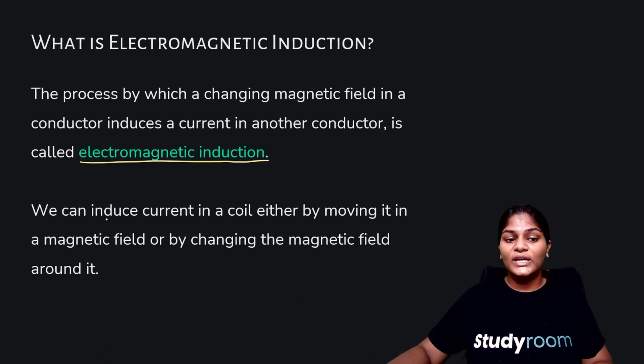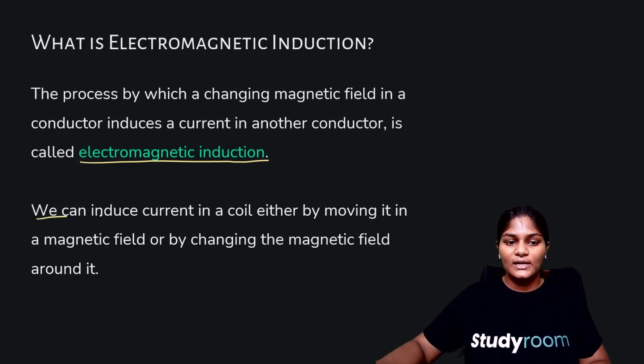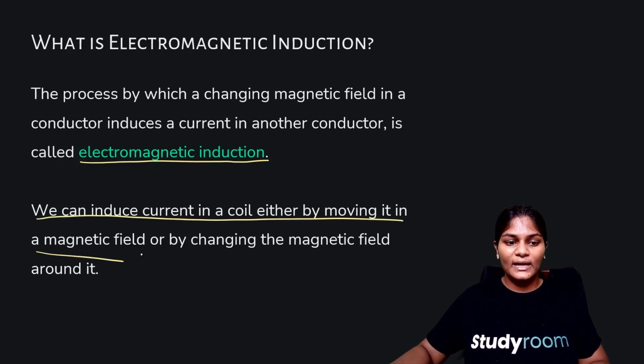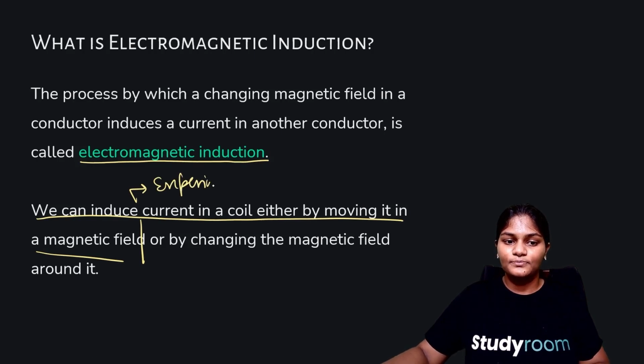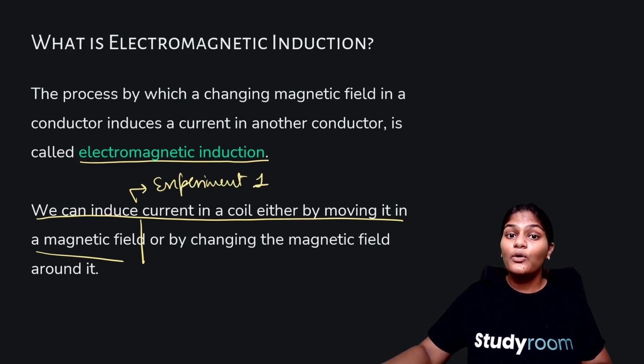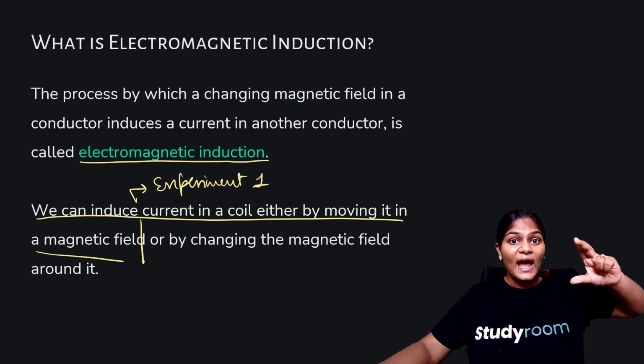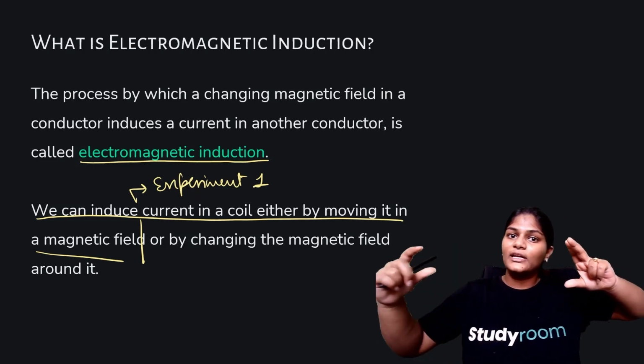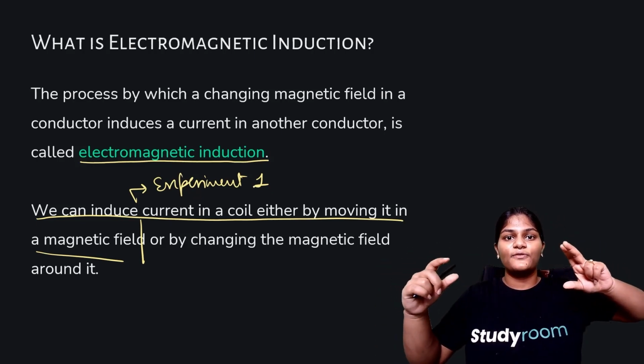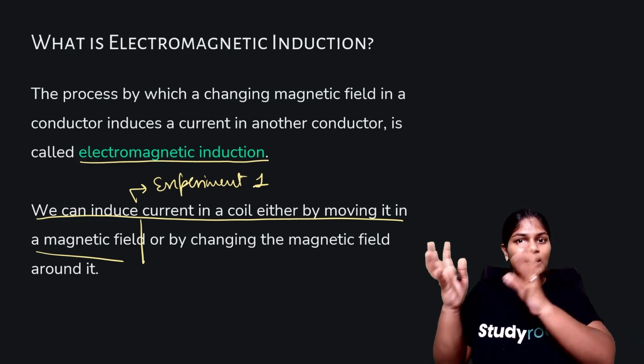Okay, so we can induce current in a coil either by moving it in a magnetic field or by changing the magnetic field around it. So this part, moving it in a magnetic field, is experiment 1 that we did. How? Because we had a coil and we were bringing a bar magnet close to it and taking it away from it. So the bar magnet has some magnetic field, right?